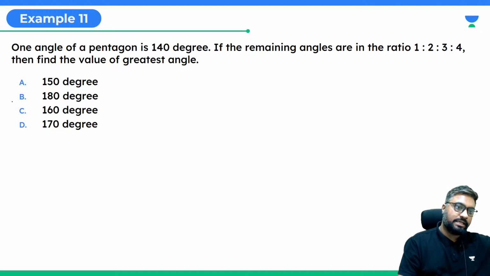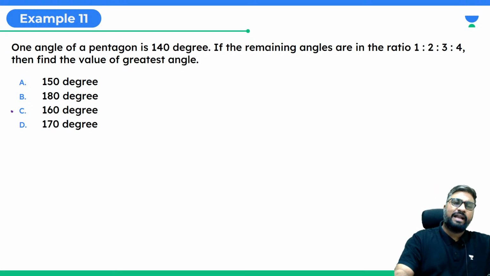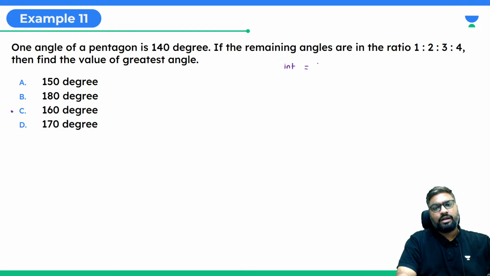Pragya says 160 degrees. Very good. Others? क्वेश्चन में कुछ गड़बड़ लग रहा है ना. पेंटागन में इंटीरियर एंगल शुड बी इक्वल टू 108 डिग्रीज.